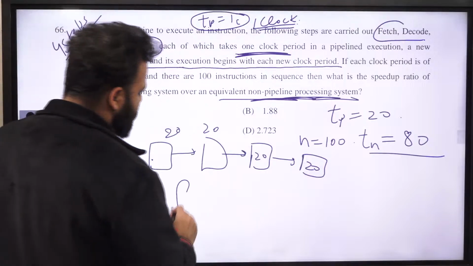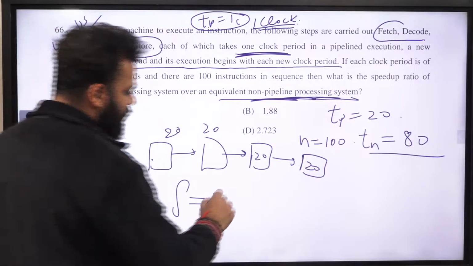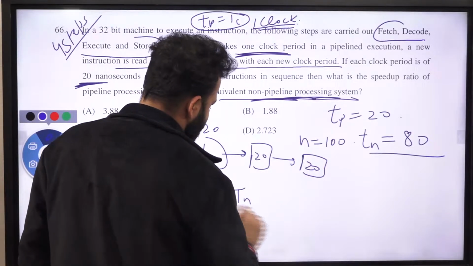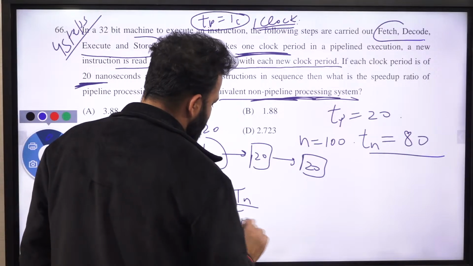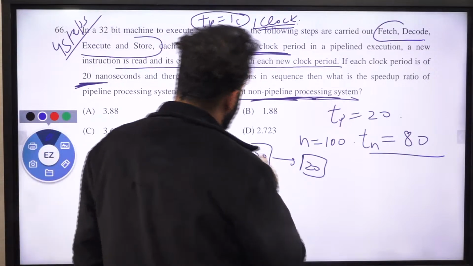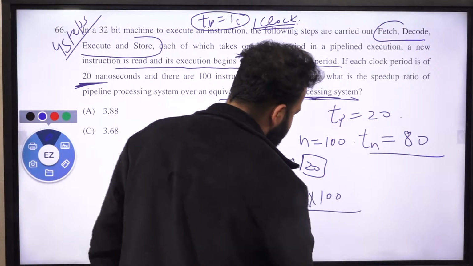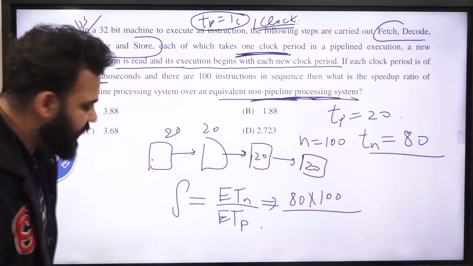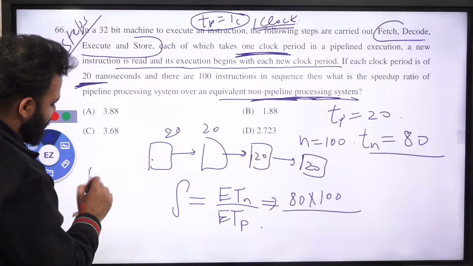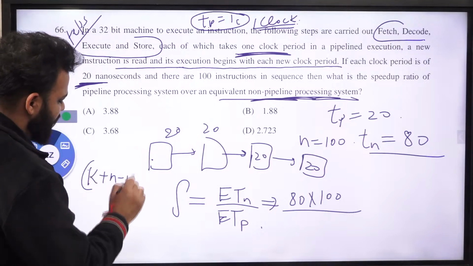Now speed up ratio is nothing but Et of non-pipeline over Et of pipeline. So Et of non-pipeline will be, if one instruction takes 80, 100 will take 80 into 100. In Et of pipeline, we know that pipeline Et is K plus N minus 1 into Tp.